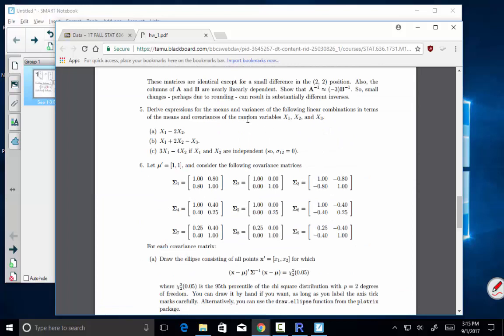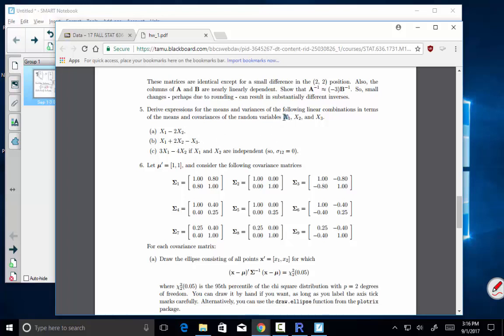Number 5 is some expectation calculations. Expected value, which is a probability calculation. So I want you to compute the expected value, which is the mean, and the variance, which is a different type of expected value, but it's still an expected value, of linear combinations of 3 random variables.